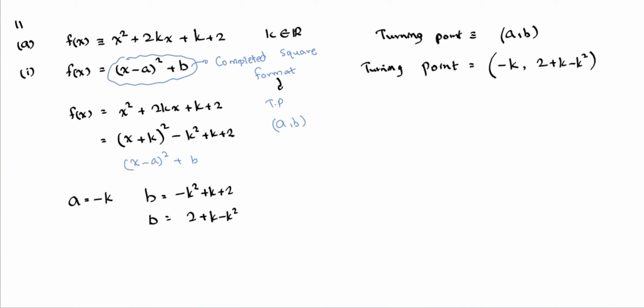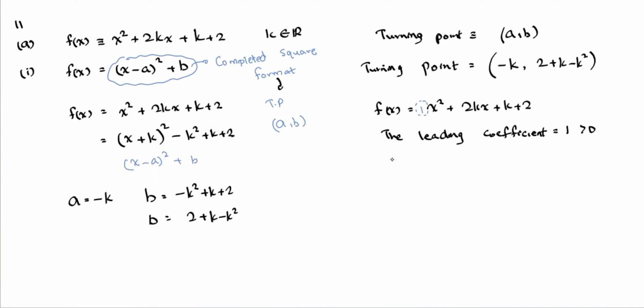And show that this point is a minimum point. This is very easy. All you have to do is, if you analyze f(x) equals x squared plus 2kx plus k plus 2, the leading coefficient here is what? 1, right? The leading coefficient equals 1, which is greater than 0.